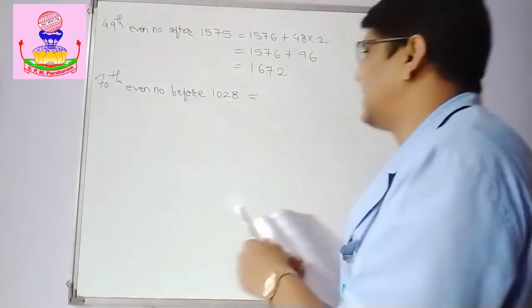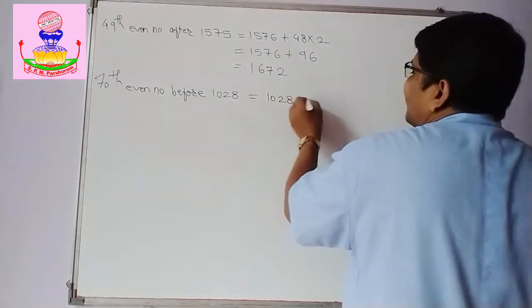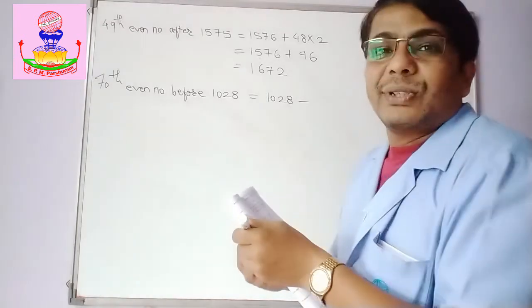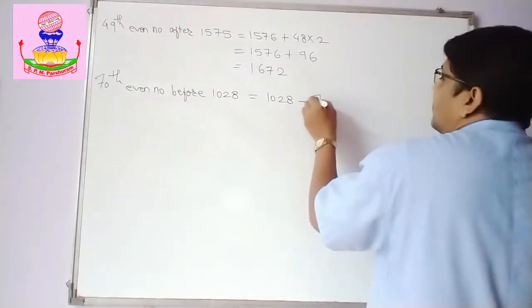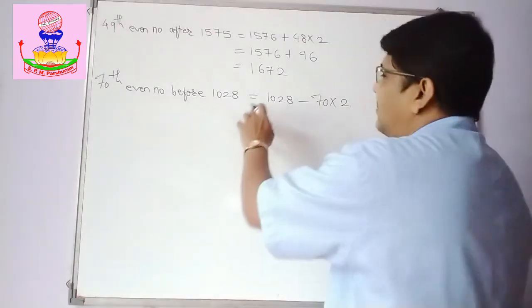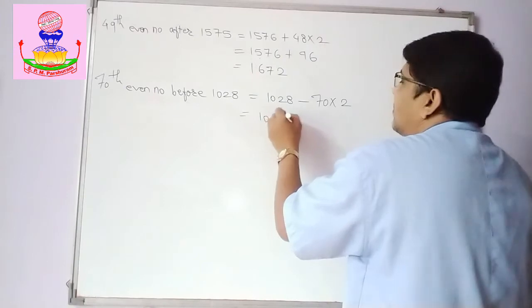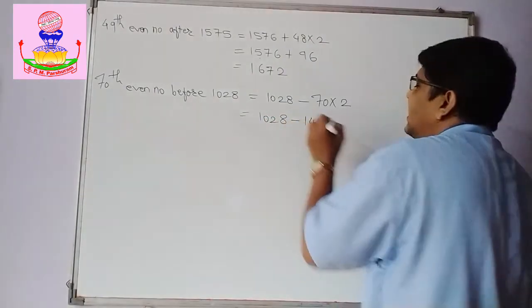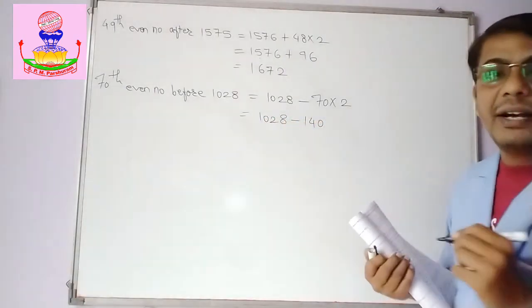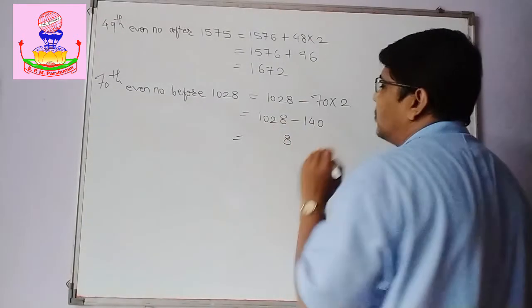I will not add. I will, yes, subtract. Exactly. So 1028 is what? An even number. So the 70th even number, 70 into 2, because this itself is an even number, right? So 1028 minus 140.